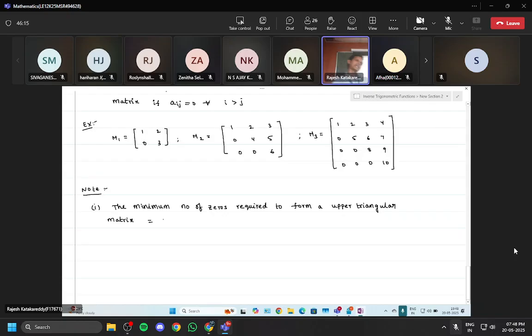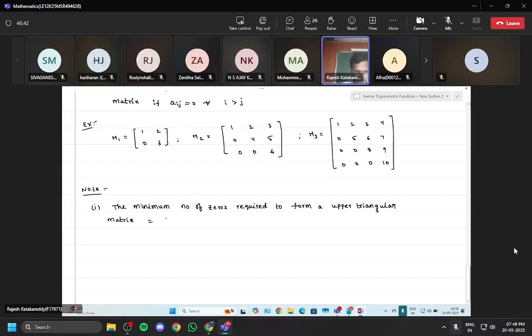In an upper triangular matrix, maybe we start from the first row, not the last row. First row, how many zeros do we have? Necessary, I am asking. You take a 3 by 3 matrix. In the first row, it is not necessary that there should be a 0. Right? Not necessary, I can take 0. Zero zeros are needed for row 1. Clear? 0 zeros needed for row 1.